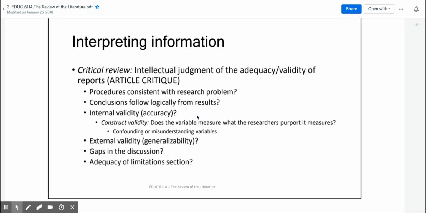Any gaps in the discussion and the literature review, and the adequacy of the limitation section, because obviously any study has a limitation, but whether the authors fully describe that limitation is very important. I don't believe there's a perfect research study with no limitation at all, right? Any study has a limitation. We are limited human beings. Any work we do will be limited.